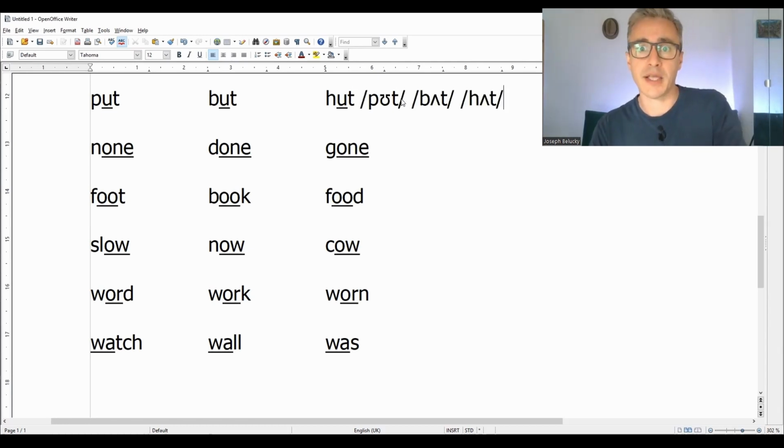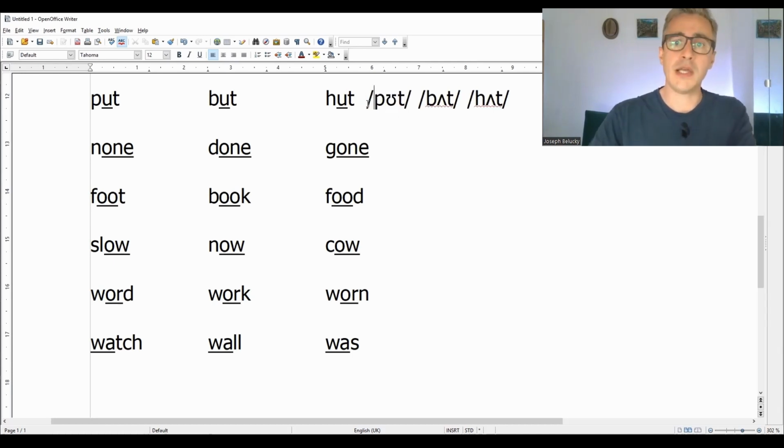The IPA never lies. Oh, didn't mean to do that. There we go. Put, different vowel sounds. But, hut, ut. So it's the sound we have here. We're rounding the lips a little bit. Put. So, this is our odd one out.